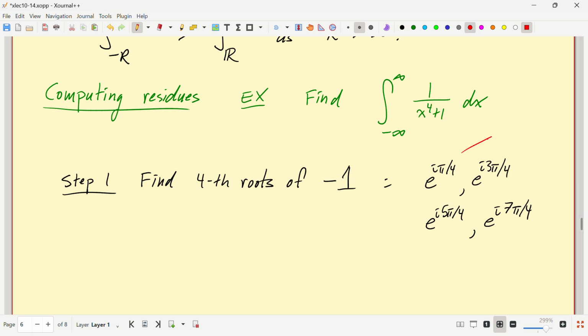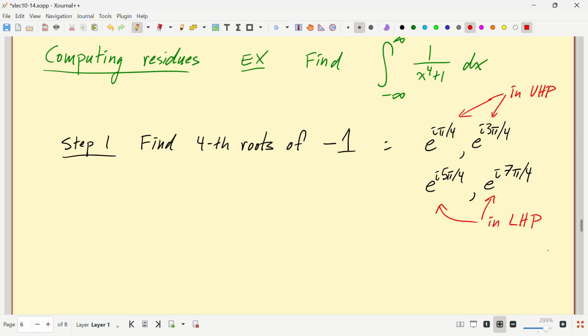So these are in the upper half plane. And these two are in the lower half plane, so we don't care about these. We don't care about the ones outside the curve.